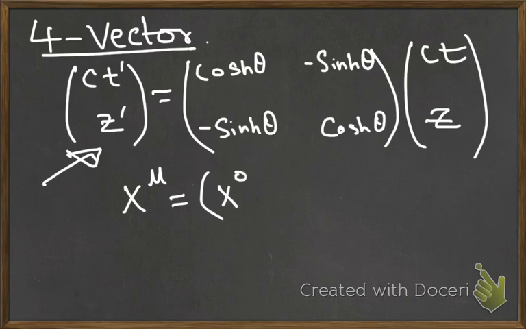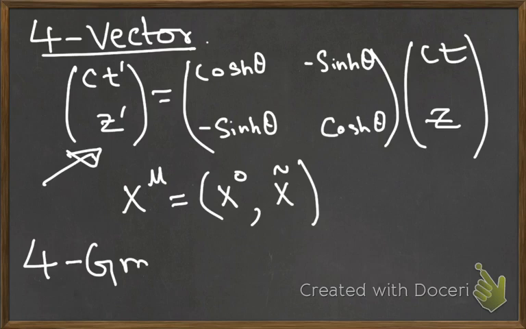This is for the time component of my x, and all the spatial components will be written as some x tilde. So x tilde includes all of the spatial components. Now let's also move further and define a quantity called the 4-gradient.